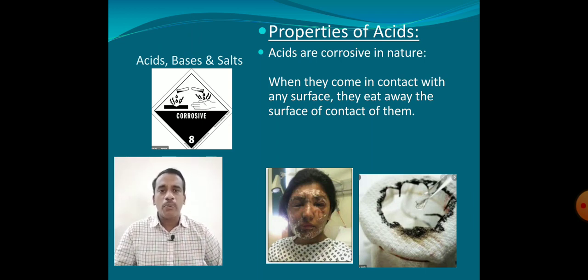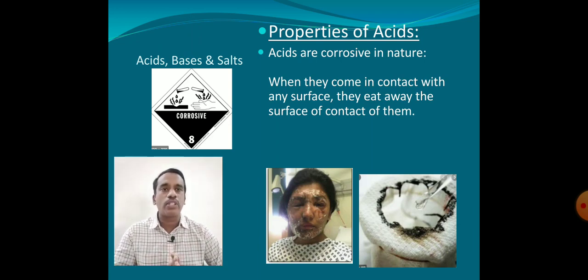You must not place your hands on the tables, because if any acid particle is left behind on the table by the previous batch that had completed the experiment, it may hurt your cloth, and after eating up the cloth you had worn, the acid may go on corrosively to your body parts also. So please take care that the chemistry lab acids are highly corrosive.